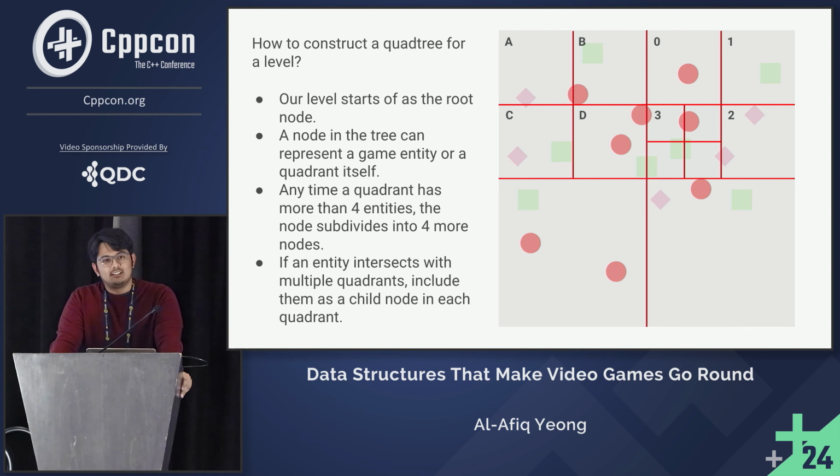Yes. If a game entity exists in both quadrants, you would include it as part of both quadrants. Then, if you're searching through the graph, you could have another set of some kind, and detect if that game entity is already added to the list of things that you want to render.